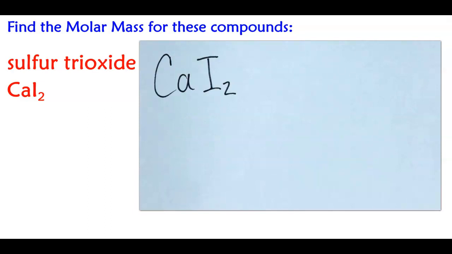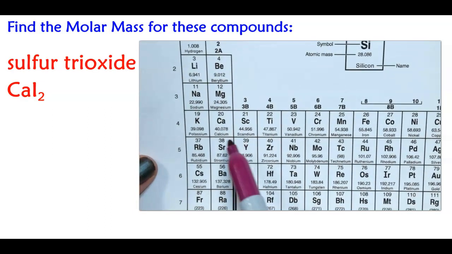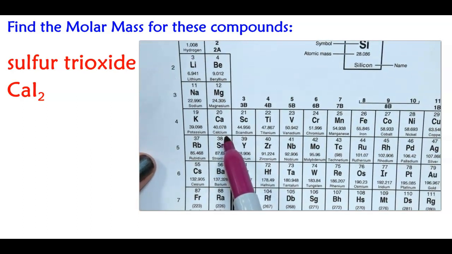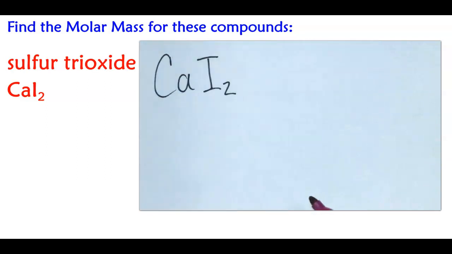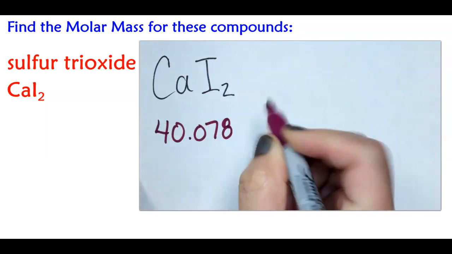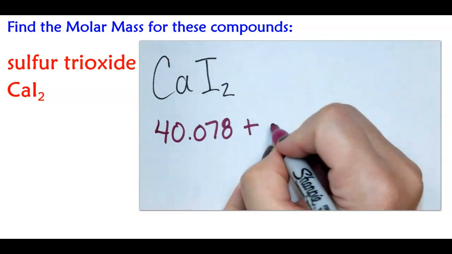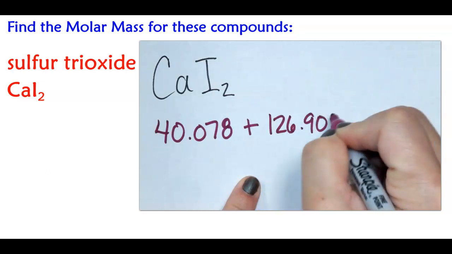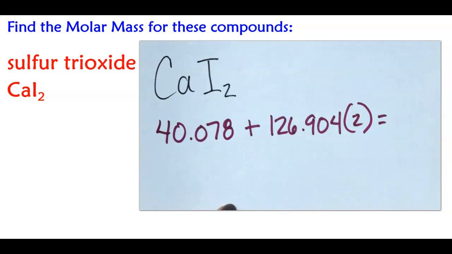To find the molar mass of calcium iodide, I'll go to the periodic table and find calcium, which is 40.078, and iodine is 126.904. So it's going to be 40.078 times 1 calcium plus iodine, 126.904 times 2, and that's going to be equal to my molar mass.